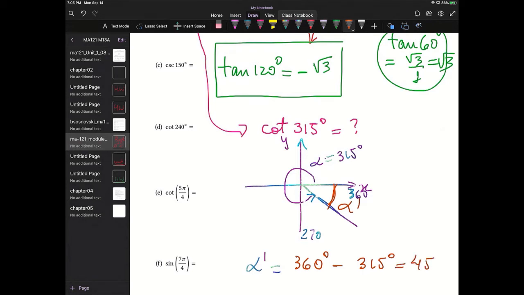So 45 degrees. Now, in the fourth quadrant, cotangent, which is the reciprocal of the tangent, you flip the tangent to get the cotangent, also depends on both x and y. So in this quadrant here, the cotangent, which is x over y, and then you look at any point in that, you have a positive x value and a negative y value, which means the cotangent will be negative.